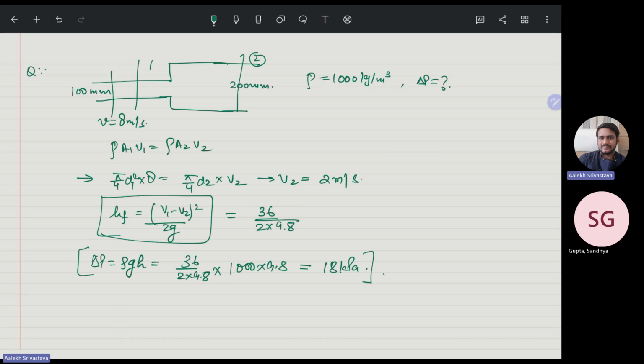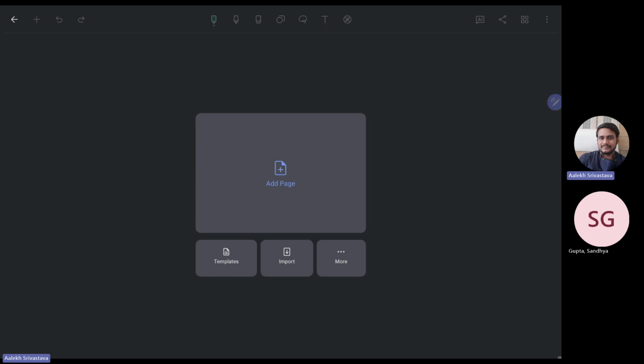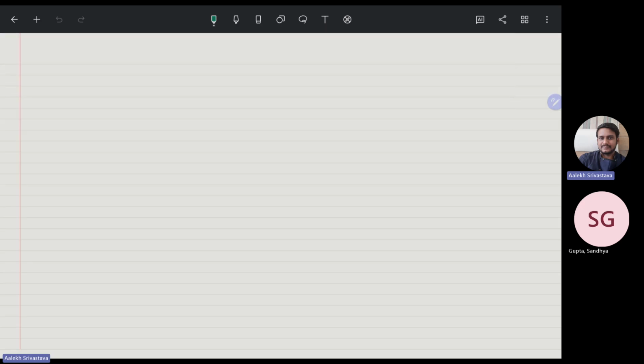Now another topic. Suppose flow is happening, and the question is about the maximum power transmission efficiency from the pipe and the head loss.